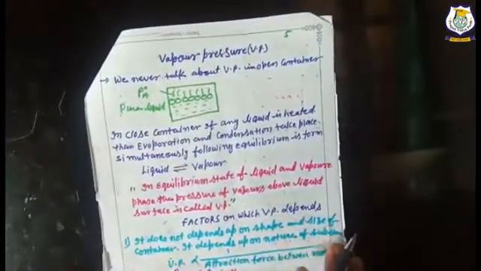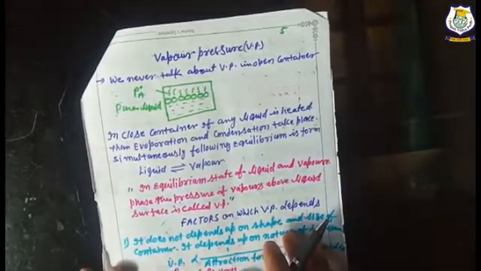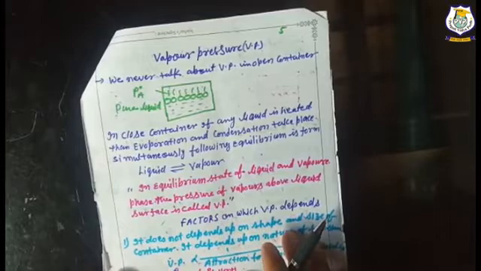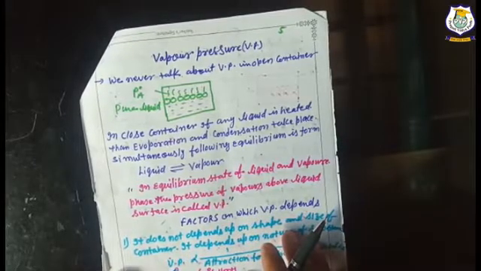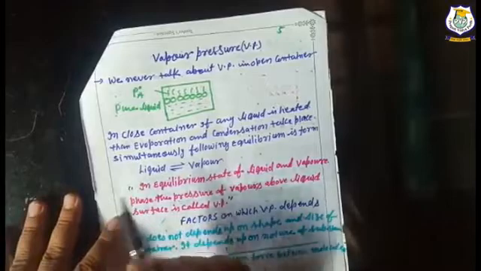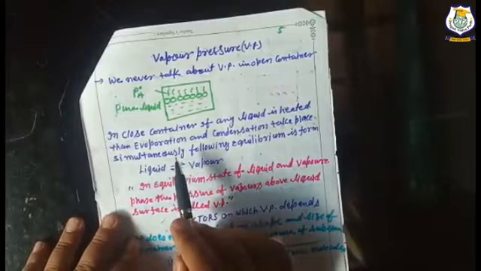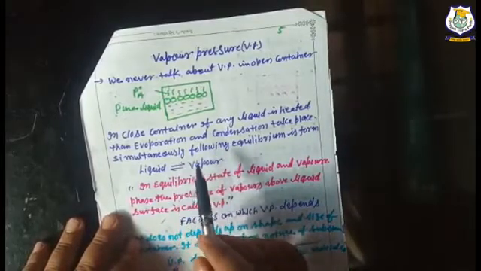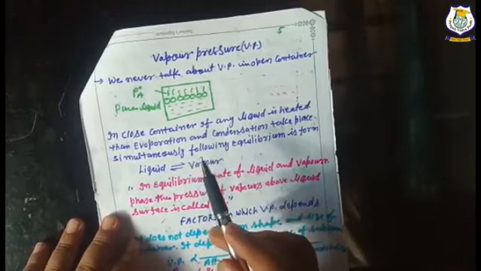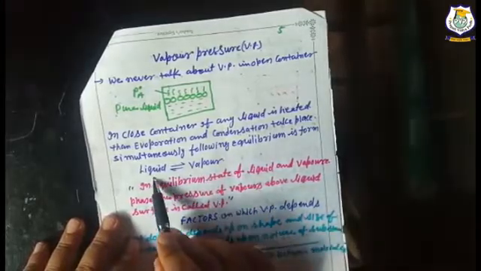Now I will explain the vapor pressure. We never talk about the vapor pressure of a solution in an open container, because in an open container the vapors escape. In a closed container, if a liquid is heated, then it converts into vapor, and the following equilibrium forms between the liquid and vapor.